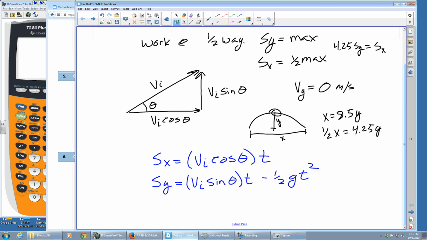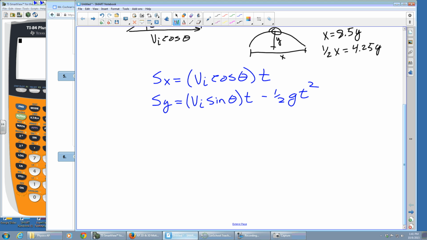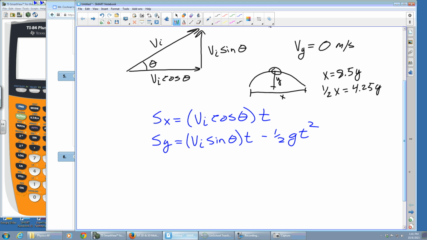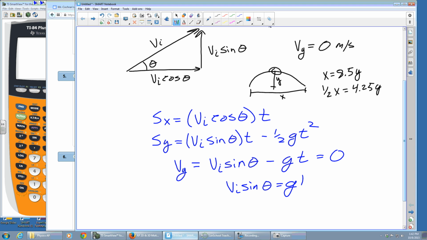A 4th equation would be nice in here, though, and that's why I picked halfway, because I can say that v in the y direction equals v initial in the y, so vi sine theta, plus minus at, which is gt, and I know that equals 0. So at this point, vi sine theta equals gt.